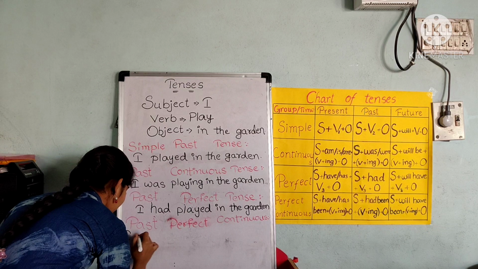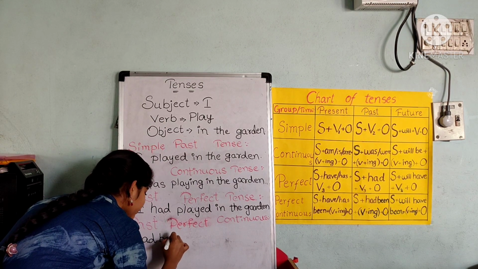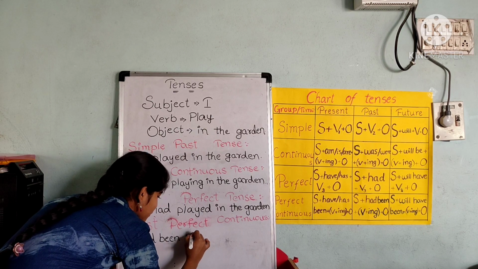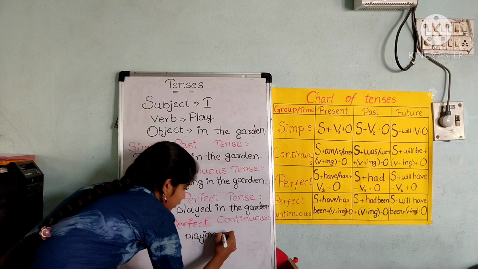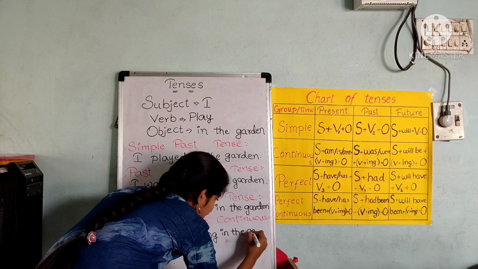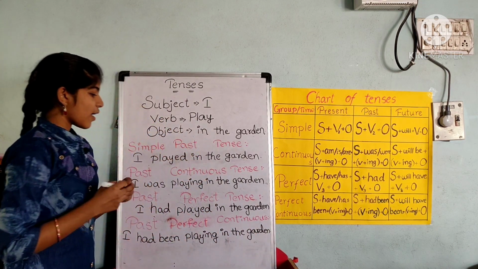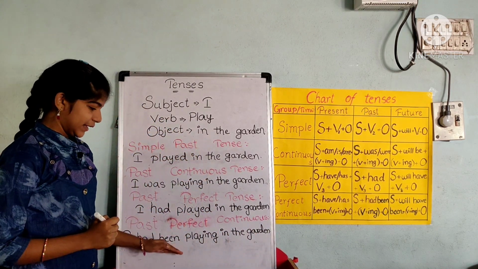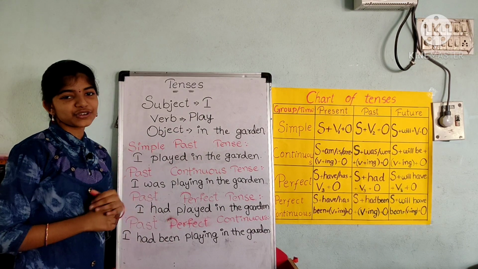Subject is I and had been, verb plus ing form is playing, and the object is in the garden. I had been playing in the garden is an example for past perfect continuous tense.